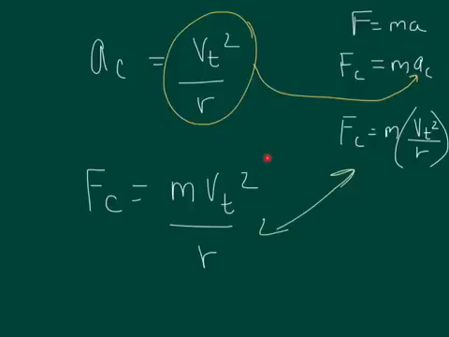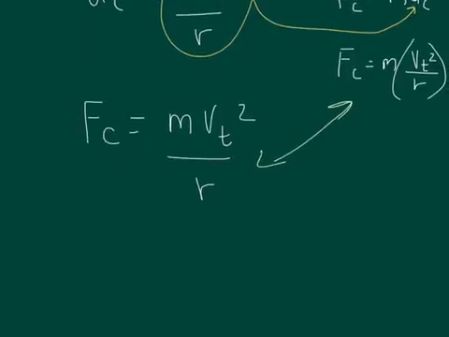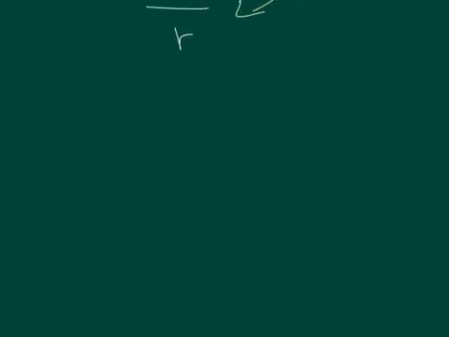Okay? So let's say we have a car going on a track, and the radius of curvature is like 15 meters. We also know that the velocity of the car tangentially around the track is 35 meters per second.